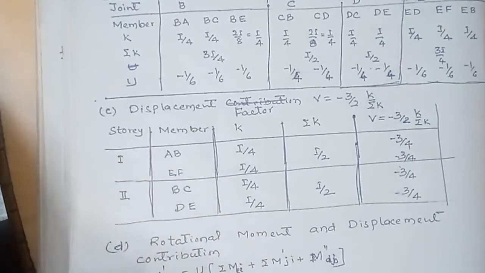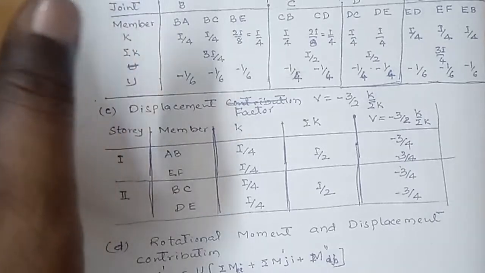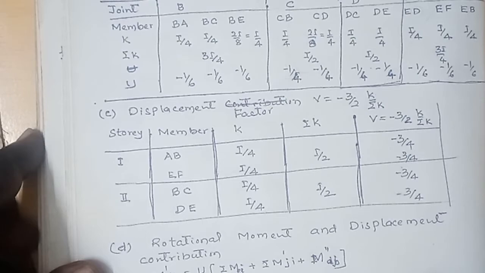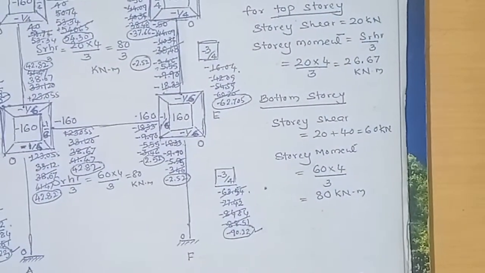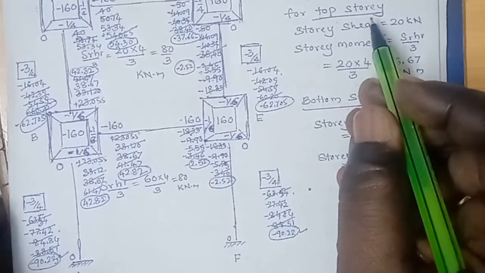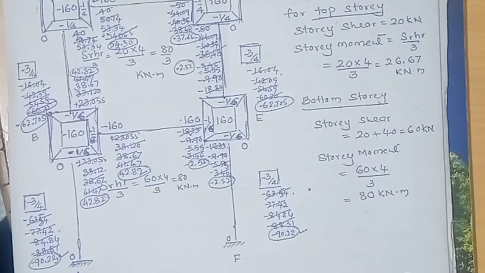Here, by taking a section through the vertical column, we have to calculate the story shear and story moment. First, the story moment for the top story. First, we have to calculate the story shear for the top story. By observing the diagram, it is subjected to a load of 20 kilonewton at joint C in the lateral direction.